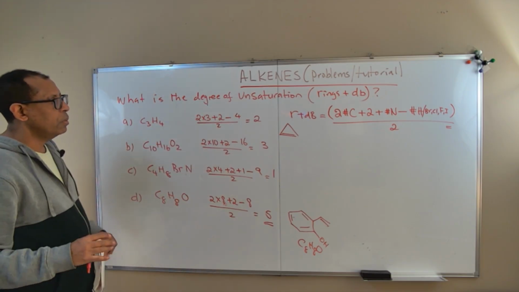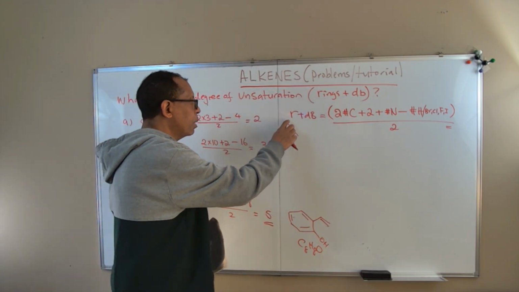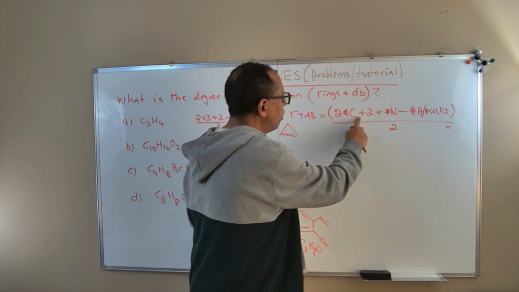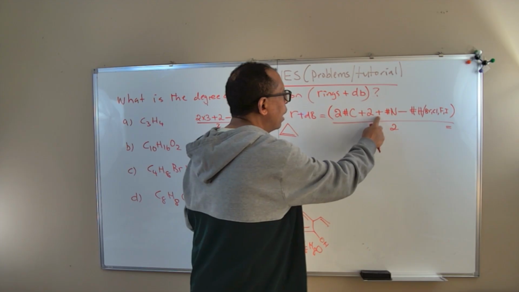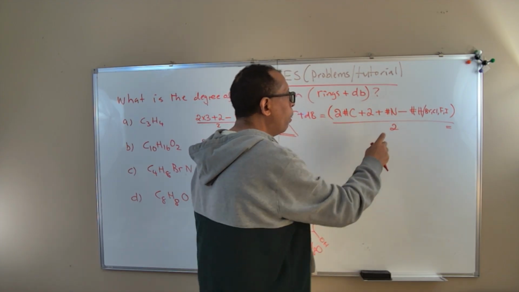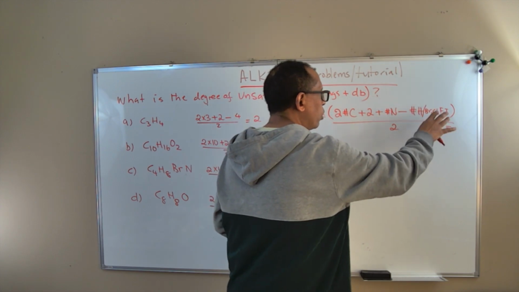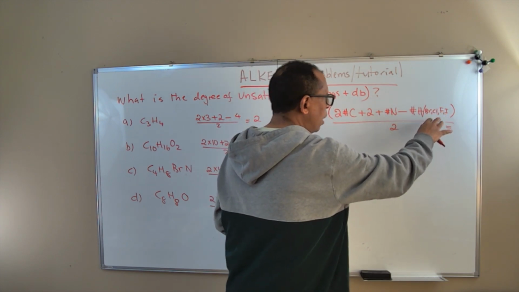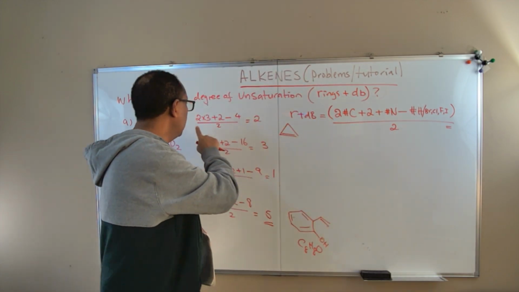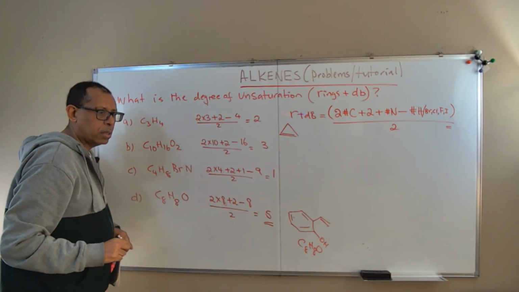So as a review, ring plus double bond can be calculated by 2 times the number of carbons plus 2, plus the number of nitrogens if you have any nitrogen in the molecule, minus the number of hydrogens and halogens. Oxygen doesn't matter. Divided by 2 would give you the right number of degrees of unsaturation.